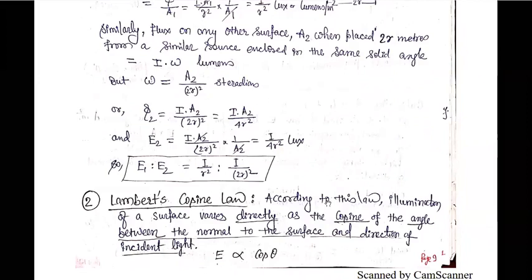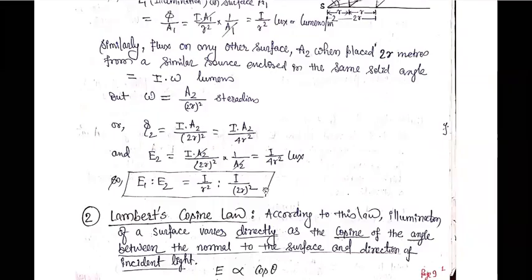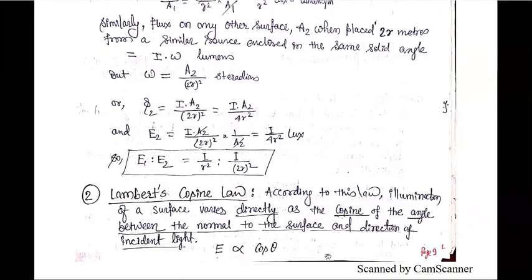ओके. सेकेंड लॉ हमारा क्या कहता है? सेकेंड लॉ दैट इज द लैम्बर्ट कोसाइन लॉ. Lambert cosine law. Lambert, the name of the scientist who has investigated this law. So according to this law, the illumination of a surface varies directly as the cosine of the angle between the normal to the surface and direction of incident light. ये लॉ कहता है कि illumination क्या होगा?